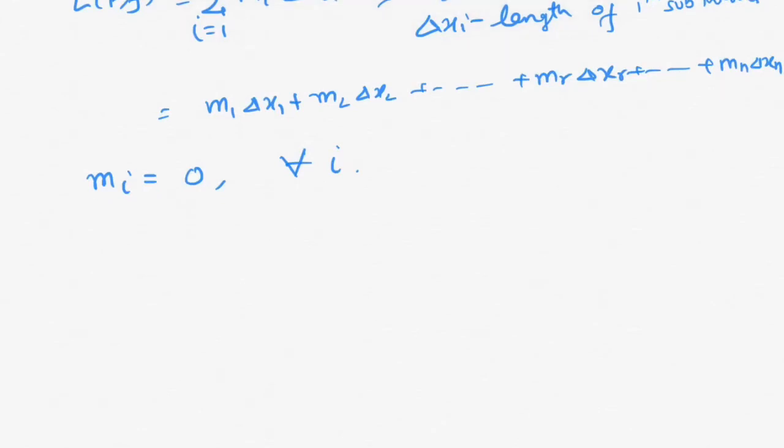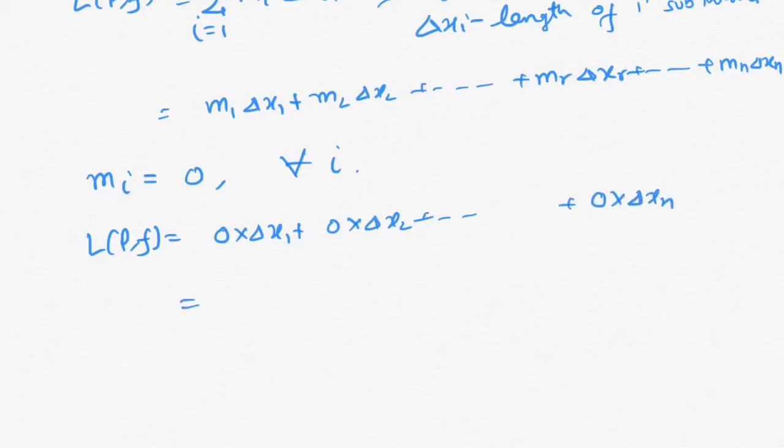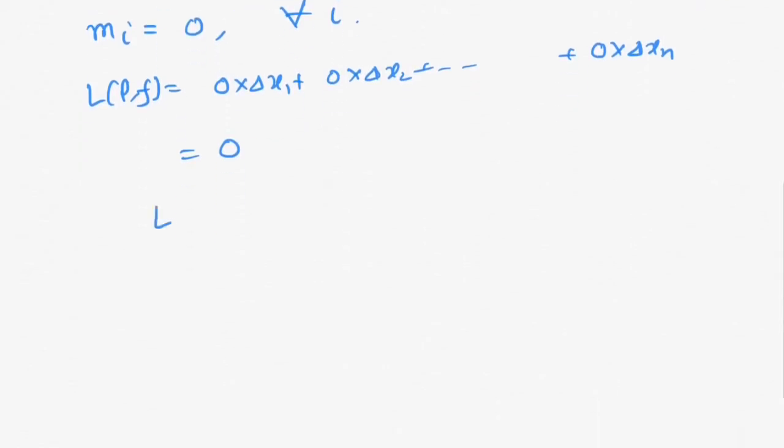So on putting the value of m_i, we have L(P,f) equals 0 into delta x1 plus 0 into delta x2 and so on, 0 into delta x_n, and this equals 0. That means L(P,f) equals 0. And let me tell you, L(P,f) will always be 0 irrespective of the partition P. No matter what partition you take, L(P,f) will always be 0.